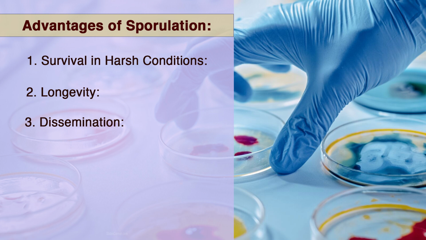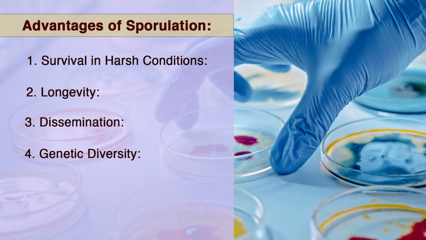Next is dissemination. Spores are often lightweight and easily dispersed by air, water and animals. This allows the organism to spread over large distances and colonize new environments. Next is genetic diversity.